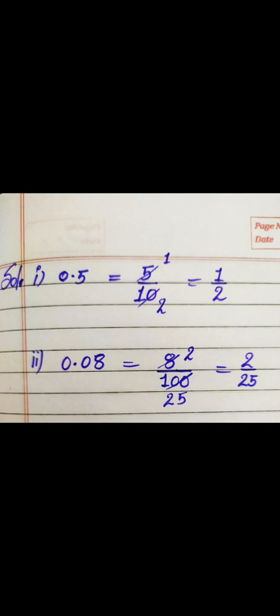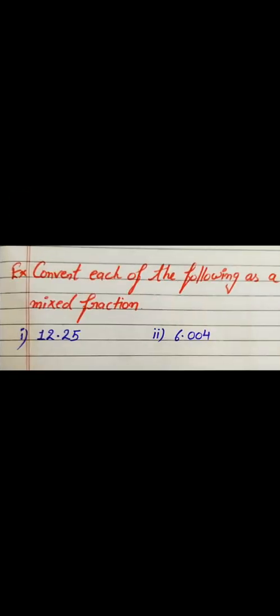Similarly, here we have to convert each of the following into a mixed fraction: 12.25 and 6.004. As you can see in these examples, we have both the whole number part and the decimal part.